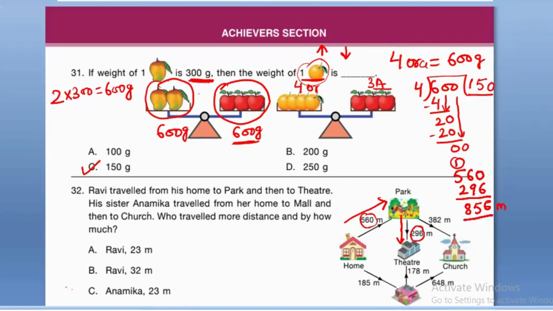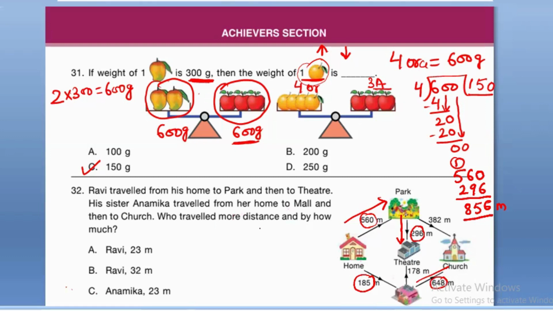Now his sister Anamika traveled from her home to the mall first, which is 185 meter. Then she traveled to the church. The church is here, which is 648 meter. So again we need to find out how much Anamika traveled.